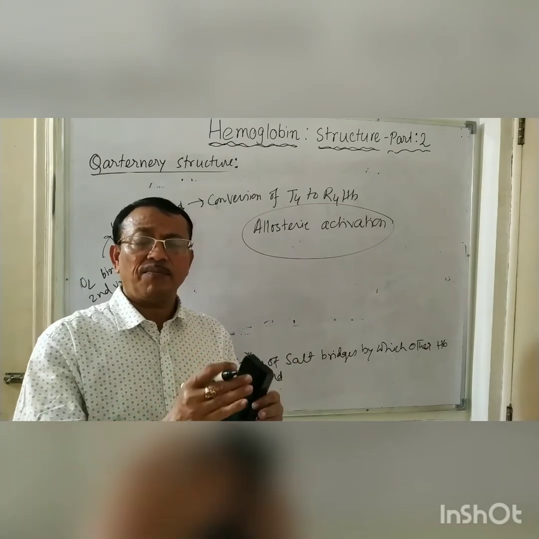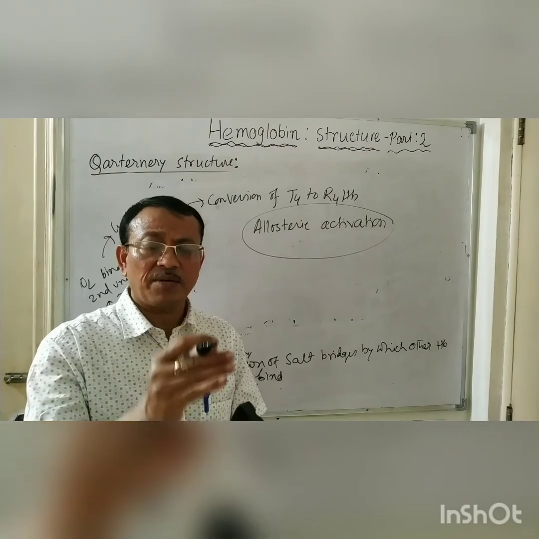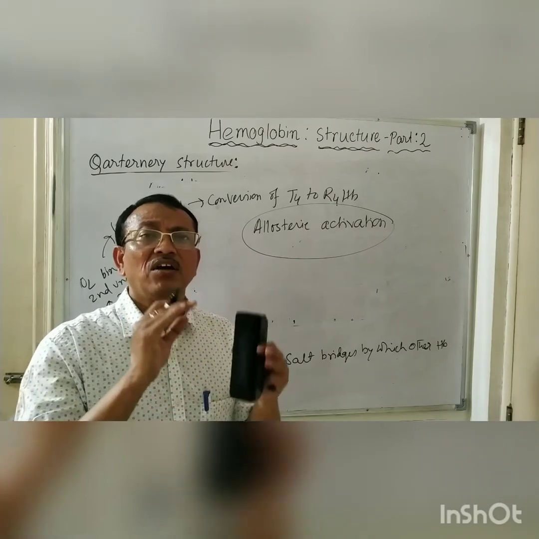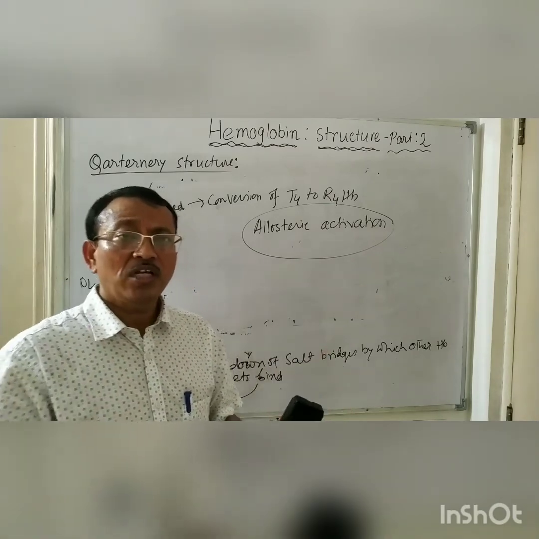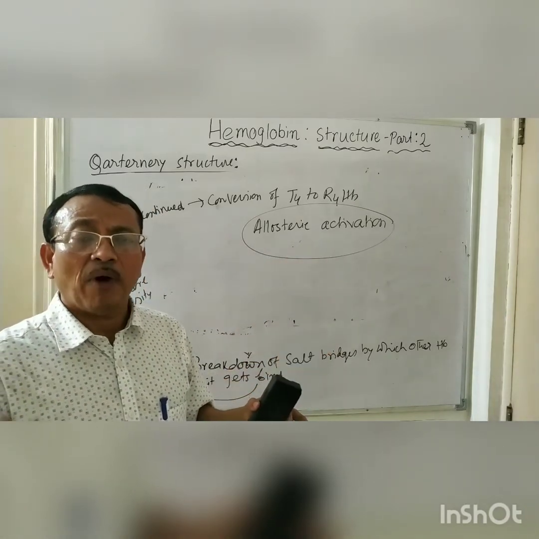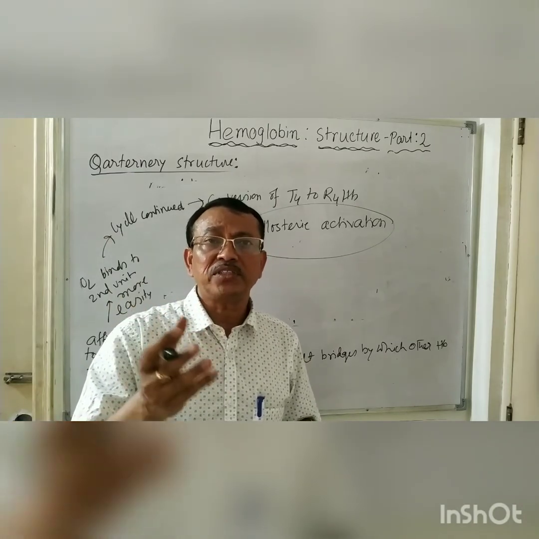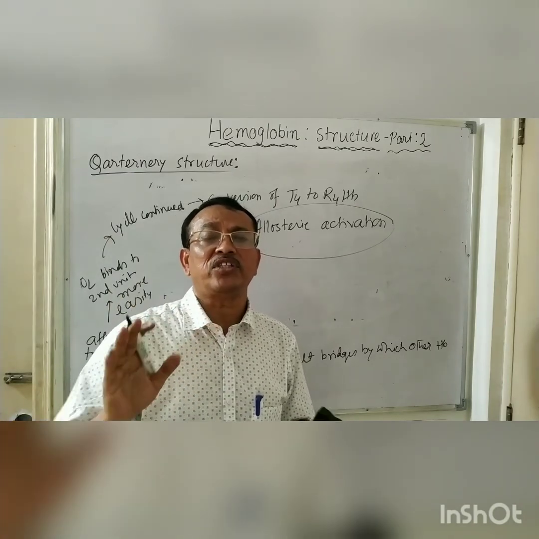So first step facilitates the second step, facilitates the third step, facilitates the fourth step. So this is how the allosteric modulation takes place, or oxygen binding to the 4 molecules of the hemoglobin becomes easier in each and every step.